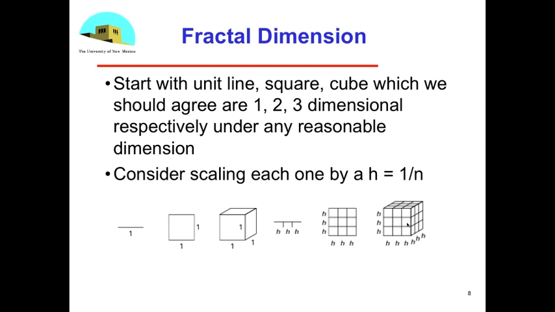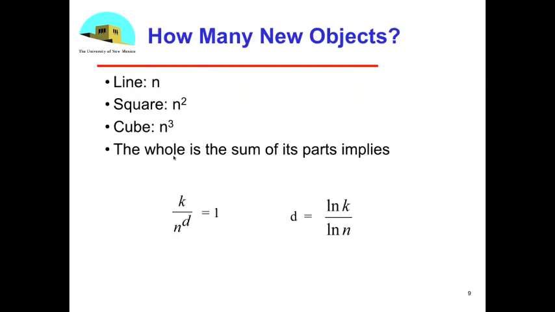So if I extend that idea, I can get a notion of dimension by asking how many similar sub-objects I get. Here I got subcubes, here subsquares, and here little line segments. How many subdivisions do I get when I apply a scale factor? If we follow that line of reasoning, for the line you got n, for the square you got n squared, and for the cube you got n cubed, and the whole is the sum of the parts.